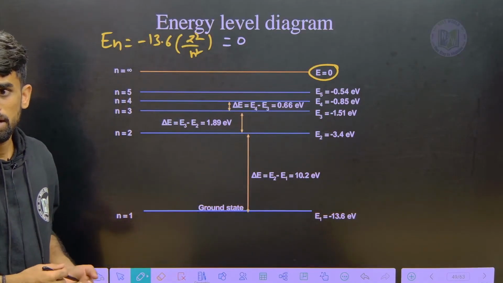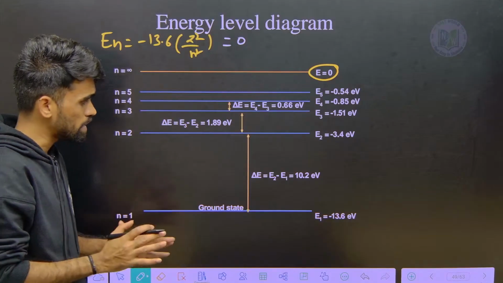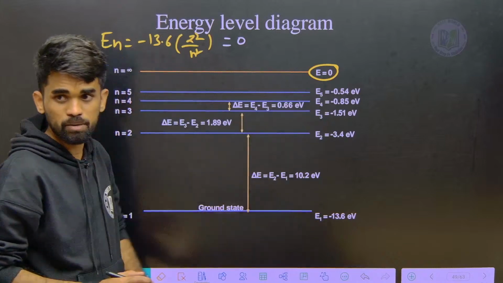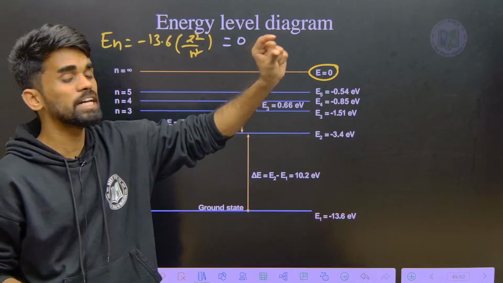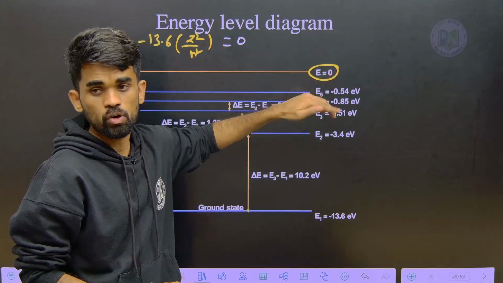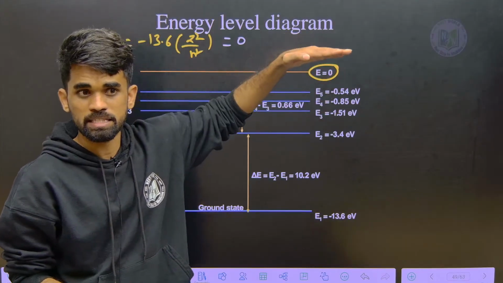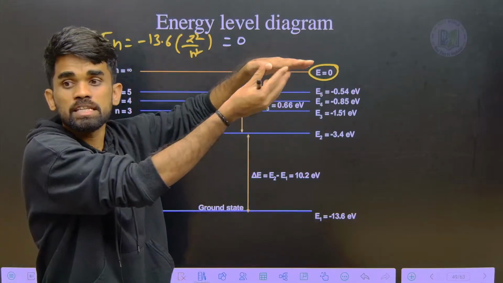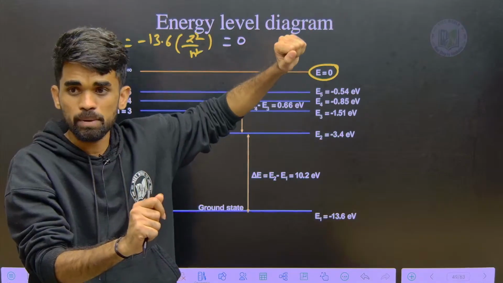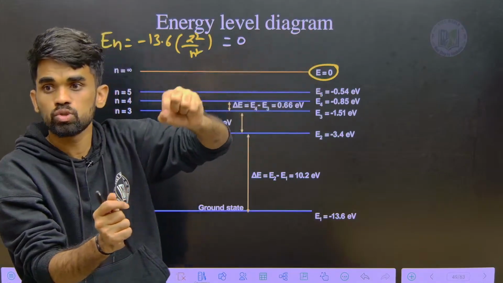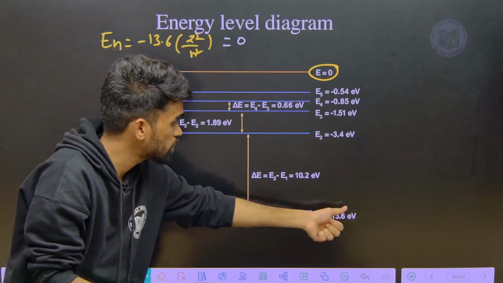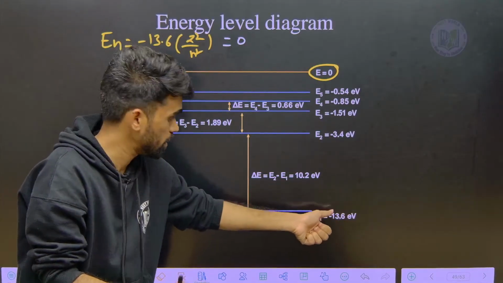Is that clear? Now if you observe, what is this negative energy, sir? See, energy is having a negative sign. It means if you have an electron independently existing, consider its energy is 0. Now compared to that independent electron, how much more stable is the electron when it is present with some nucleus, for example in the first shell of the hydrogen atom? That is what this energy is indicating.